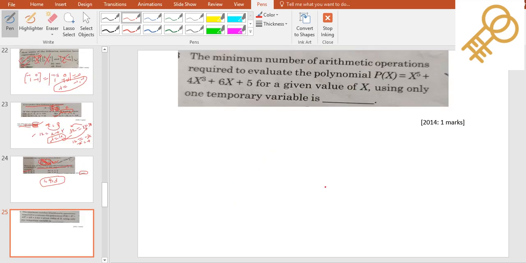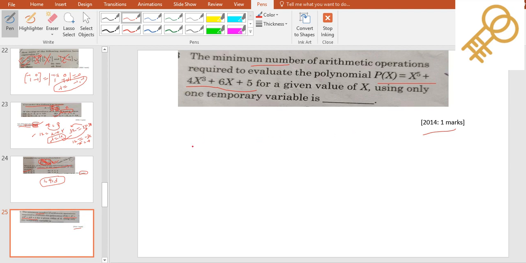Moving towards the next question, it was asked in 2014 for 1 mark, and the question is very easy. They have asked the minimum number of operations required to evaluate the given polynomial. They have given one polynomial and they are asking how many minimum arithmetic operations will be required to solve it.